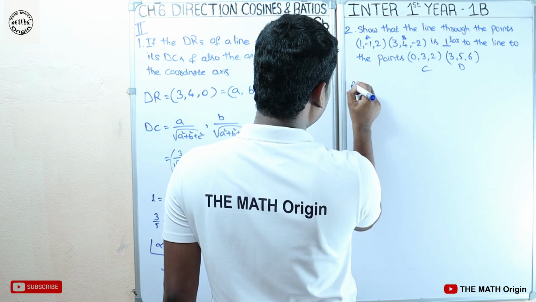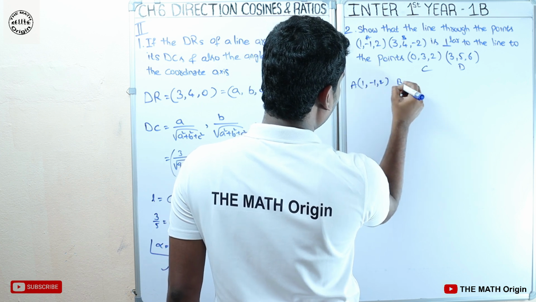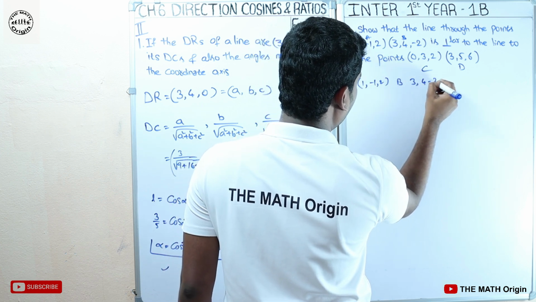The AB points are A (1, minus 1, 2) and B (3, 4, minus 2).